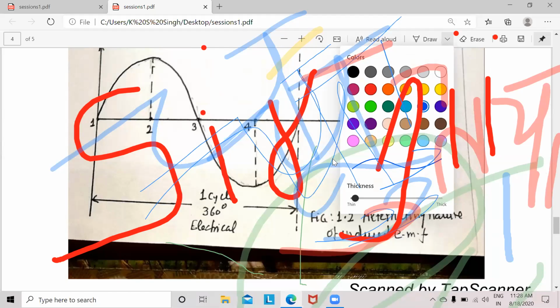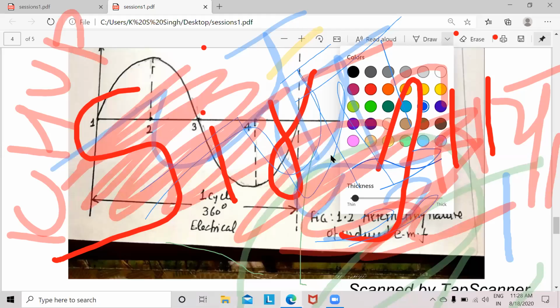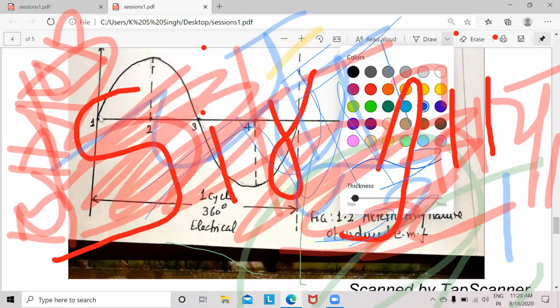If you draw the curve between induced EMF versus time, at point 1, this is the EMF axis and this is the time axis. At point 1 the voltage induced will be 0.